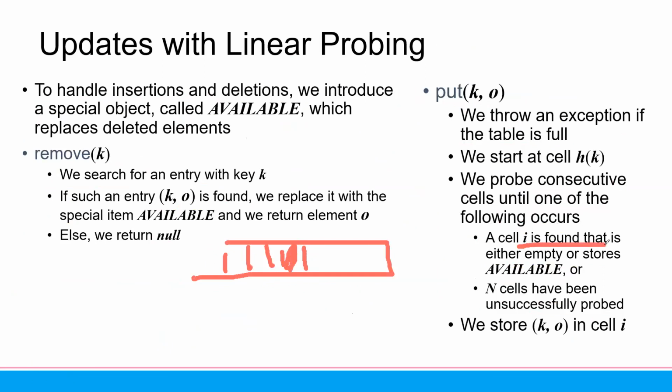If a cell is found that is either empty or stores available, then yeah, you can put in this element. But if it is already filled, you need to check consecutively until we find an empty one. If it is not empty or not available, then n cells have been unsuccessfully probed, so we will have another exception: the table is full.